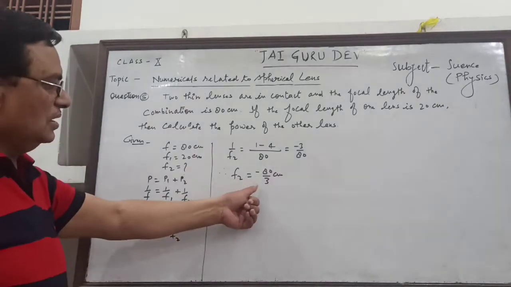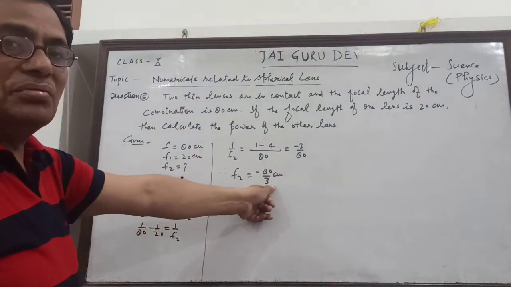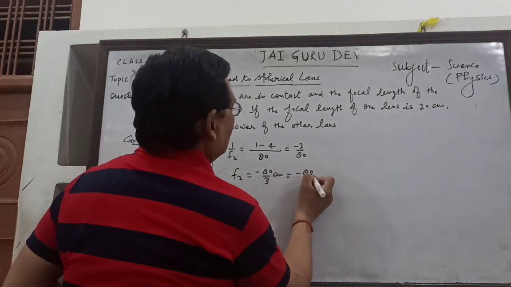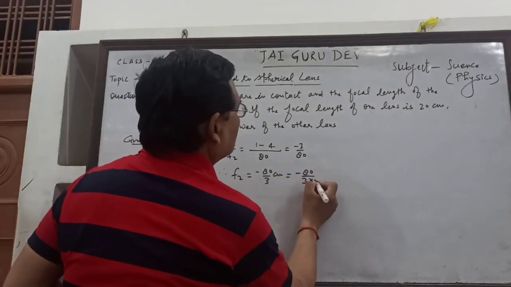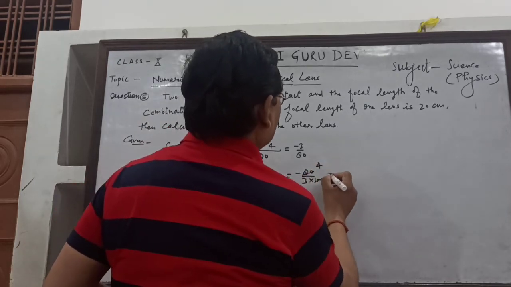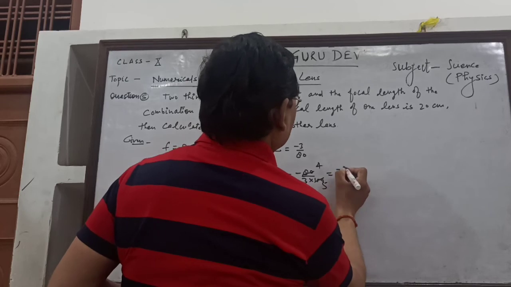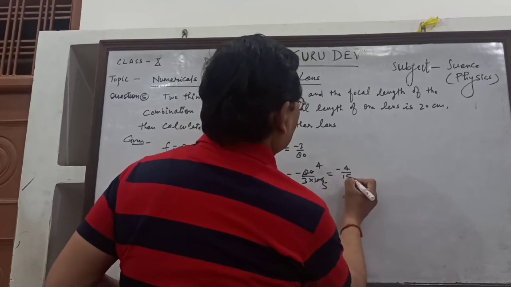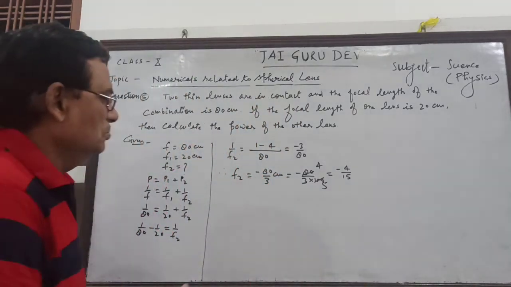Or we can change it into meter by dividing by 100. Minus 80 by 300, overall becomes minus 4 upon 15 meter.